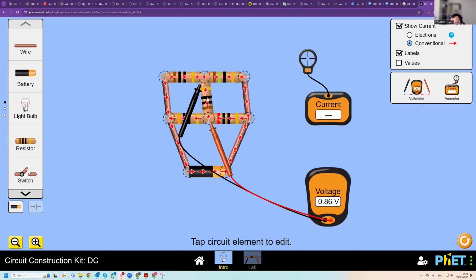The voltage will change, of course. And what's the voltage going to be if I introduce a wire? Can somebody predict? What's the resistance of a wire? The resistance of a wire is 0.